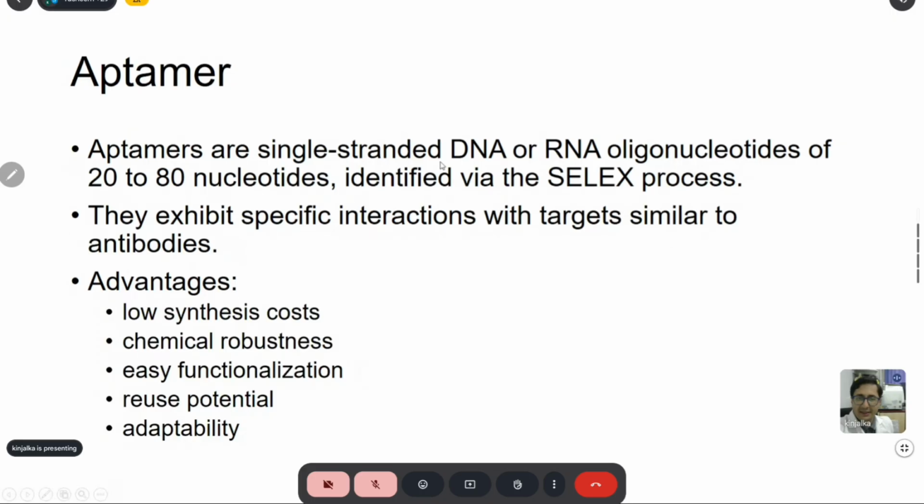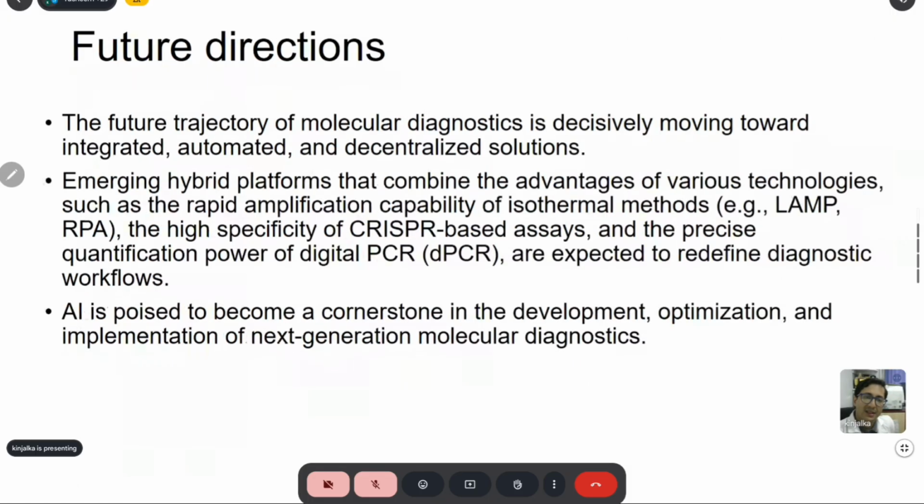These are basically single-stranded DNA or RNA nucleotides. They exhibit specific interactions with targets similar to antibodies. Advantages: they are not so costly. They are not easily degraded. They are easy to monitor and detect, and you can reuse these kinds of aptamer-target complexes easily.